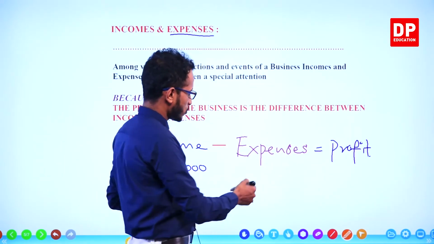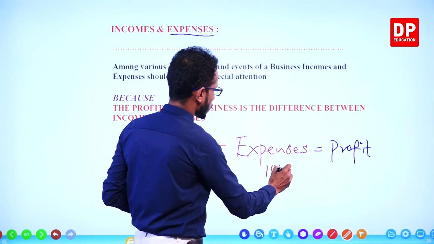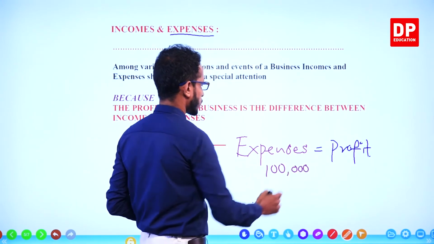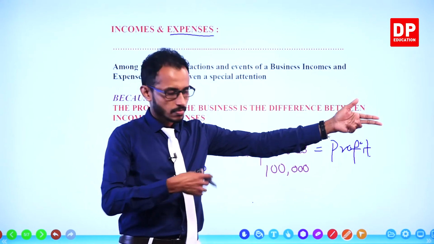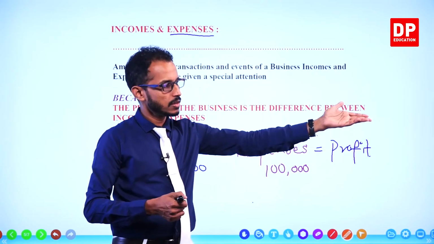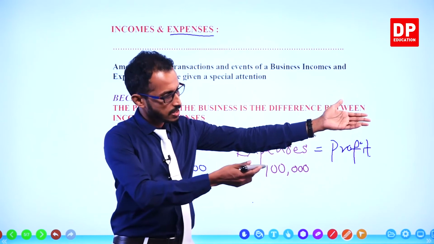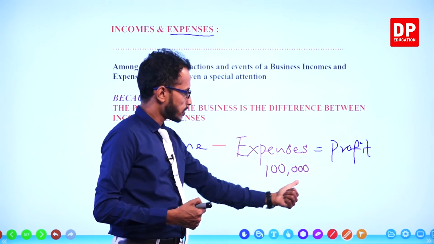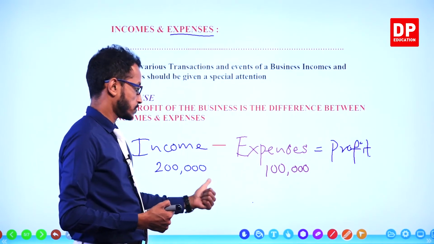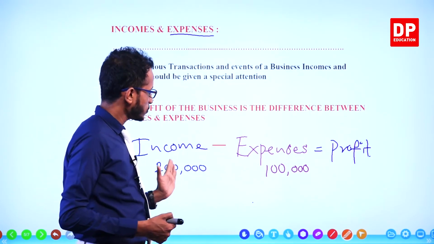So to buy those phones, I spent 100,000. I ordered through my agents and they brought the phones to me. The cost of the phones was 100,000. I sold the phones for 200,000. Okay. What is my profit?